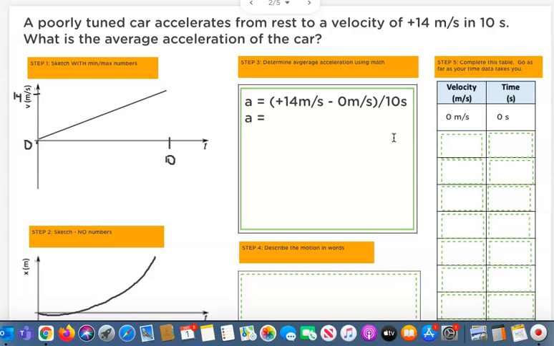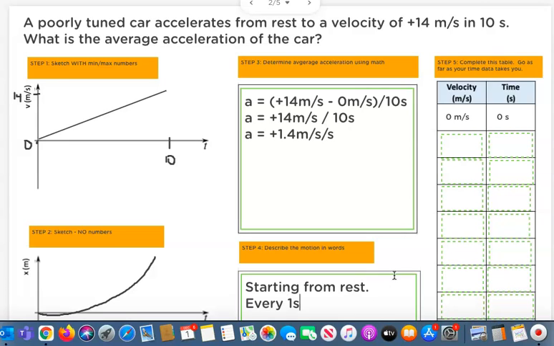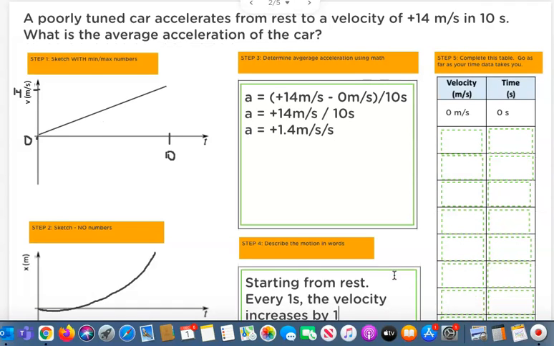So the acceleration is going to equal 1.4 meters per second per second. This means starting from rest, every 1 second, the velocity increases by 1.4 meters per second.